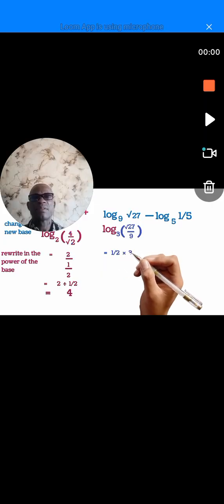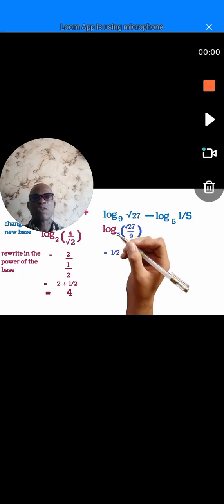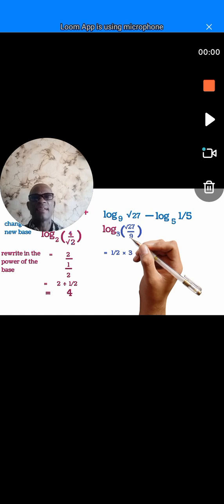So we go ahead. It becomes 1 over 2 times 3 over 1 over 2 times 3 over 2, because 3 is raised to power 2 to give you 9.